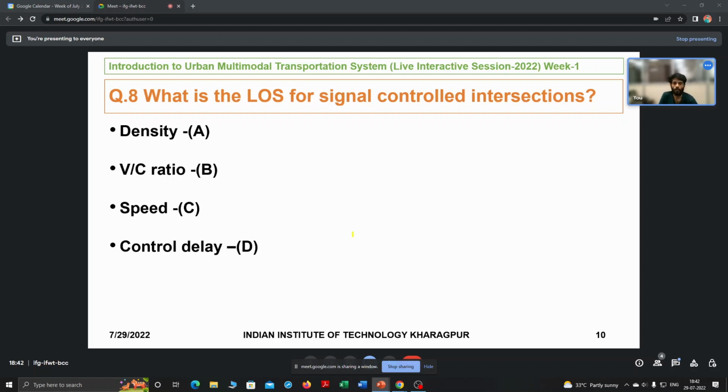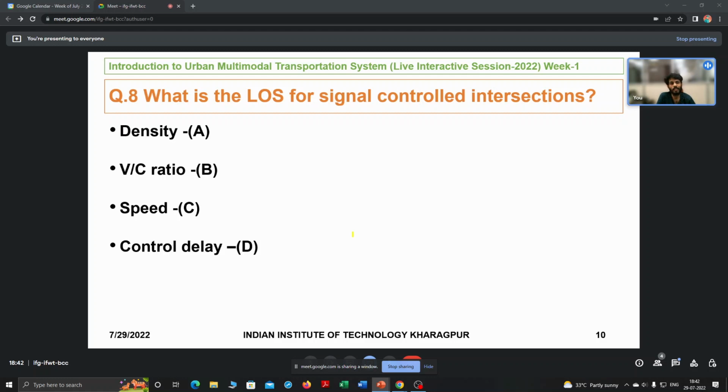Now for a signalized intersection, how do we choose the LOS performance indicator? It should be from the perspective of the traveler, and it also has to be useful to the operators. Now, at a signalized intersection, the traveler stops at red, and when the green comes, you can go through the intersection.